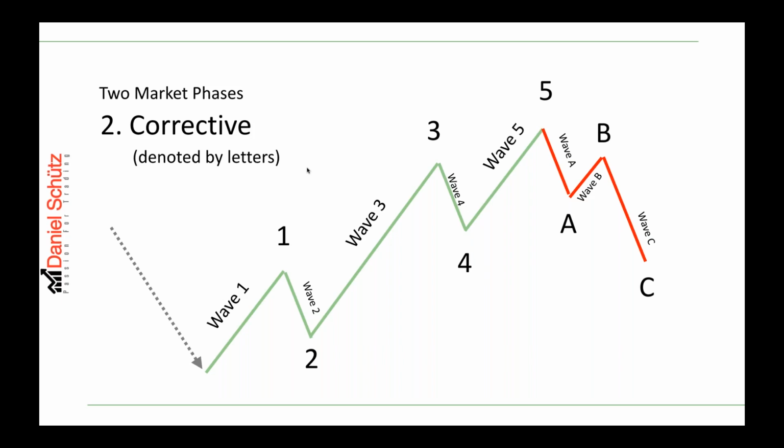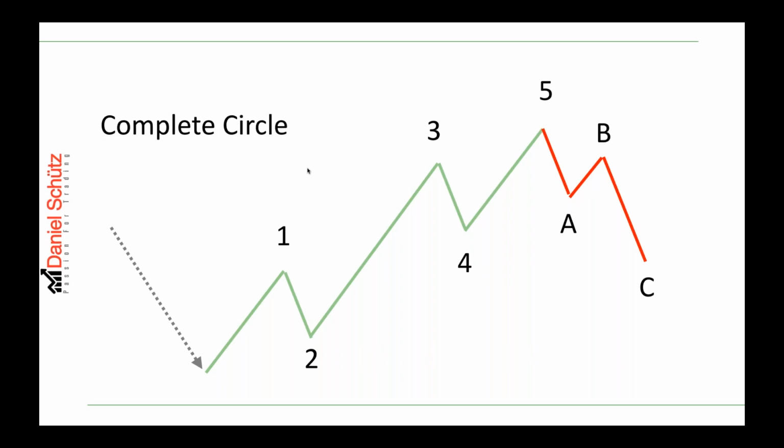And if you read about a wave A, because it's denoted by letters, then you know you're in a corrective wave. What we see here is a very simple Elliott wave pattern. We have 5 waves up and 3 waves down.